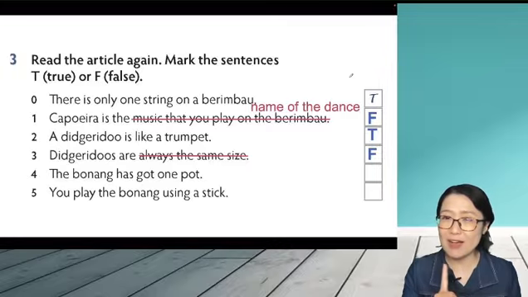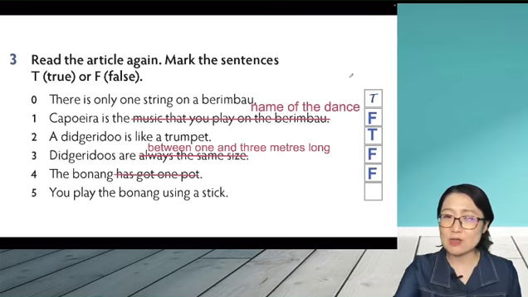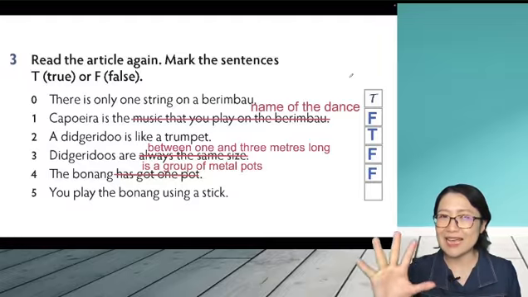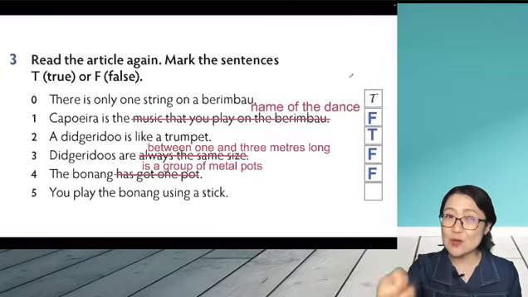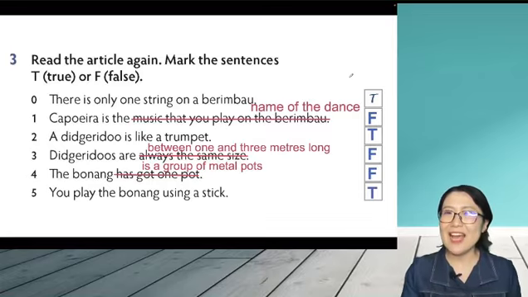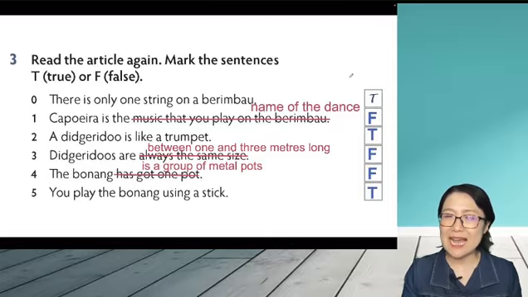Bonan 只有一个锅吗？No, it has got many different pots, right? 有很多不同的大大小小的锅，对不对？And number 5, you play the bonan using a stick. Is that right? Yes, you hit it using a stick, right? Right, so it's T. Okay, so that's it for this passage, all right? And I think you know these 3 musical instruments. And you need to listen to the recording and read it after.